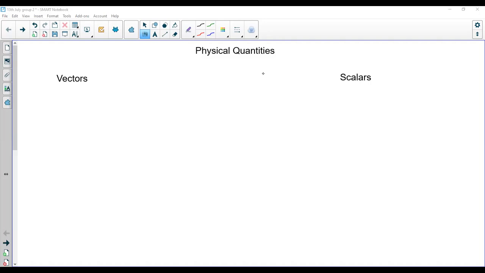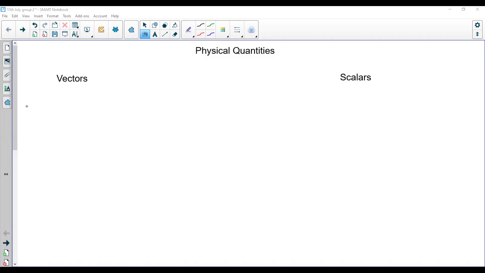And what about Tanya? What do you know about vectors and scalars? That's right. Vectors have magnitude and direction both, whereas scalars are those physical quantities which have only magnitude.